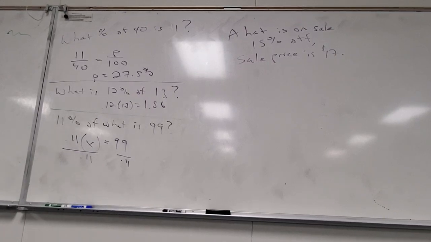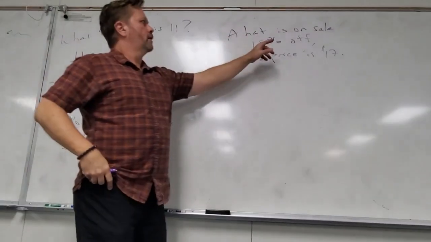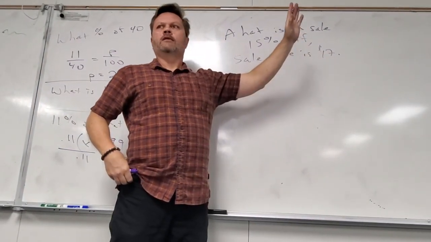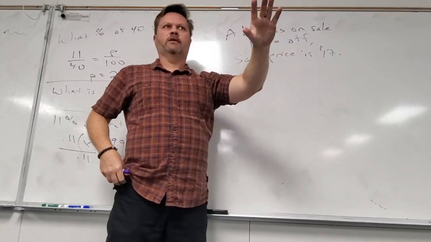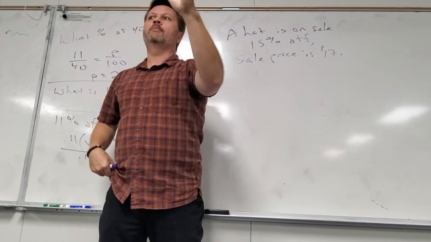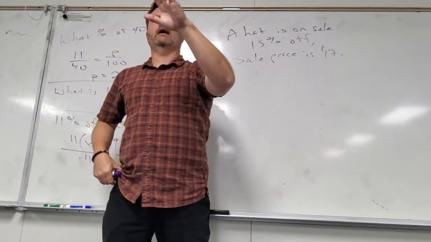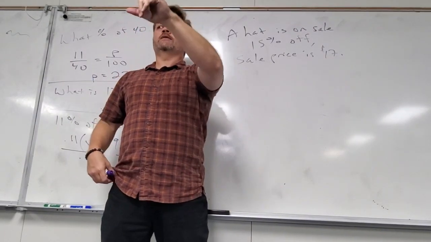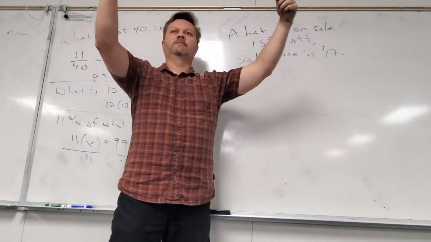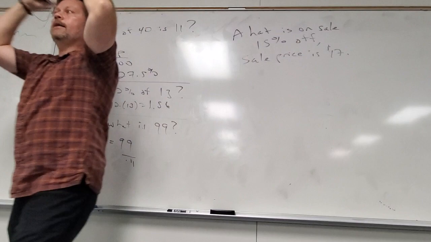So the most common mistake I see is I'll have a student do this. They'll take 15% of 17 and add it to 17. Let me let that sink in for a minute. Do you see the logic there? There is logic there. It's wrong, but I can see why they thought that would work. What are they thinking? How did I get to 17?